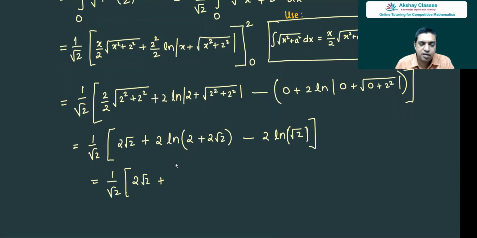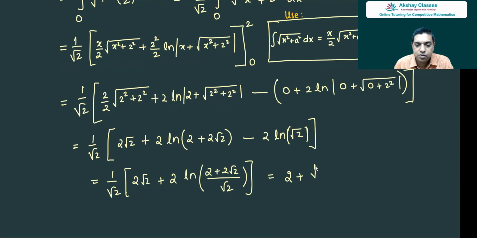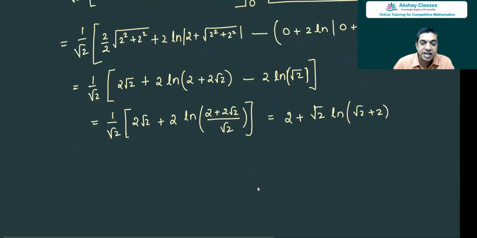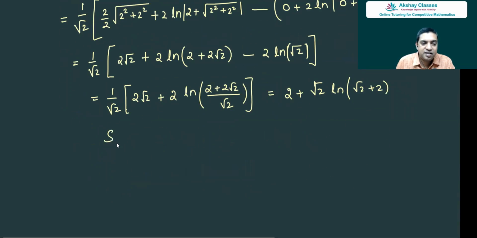Or we can directly divide log of 2 plus 2 root 2 by root 2. This is easier. Then I multiply inside 2 plus root 2 log of root 2 plus 2. So this is the answer. So this is the arc length.